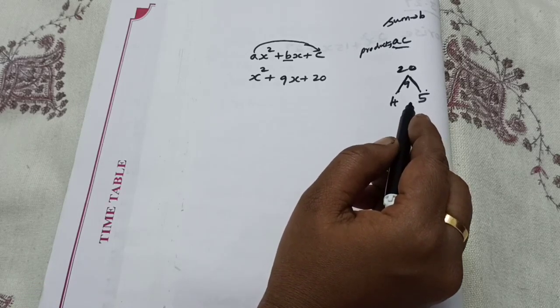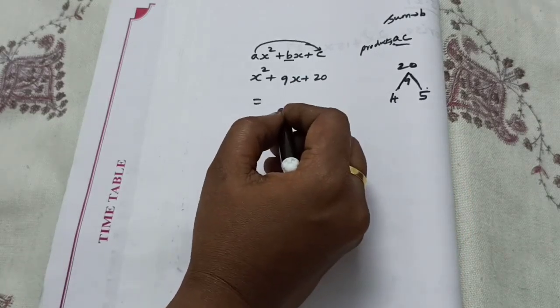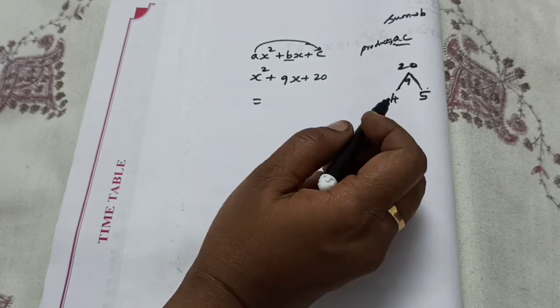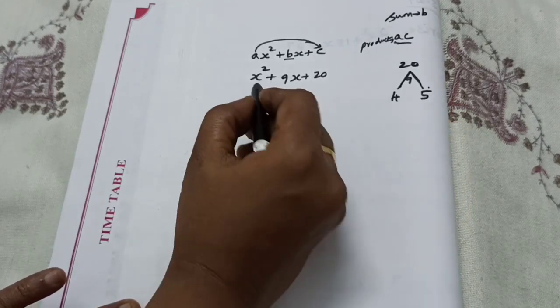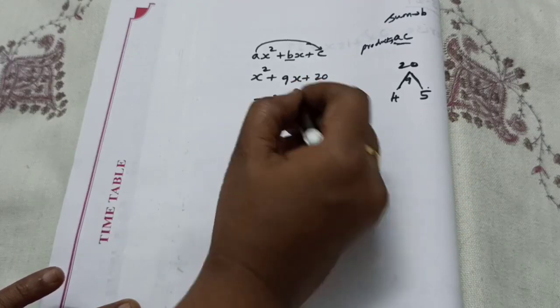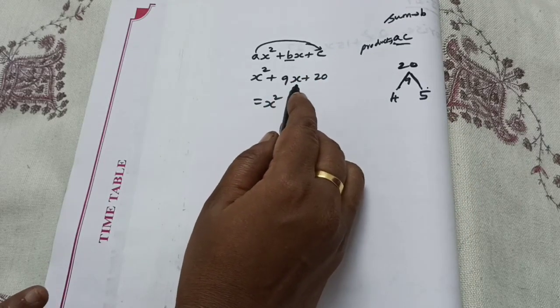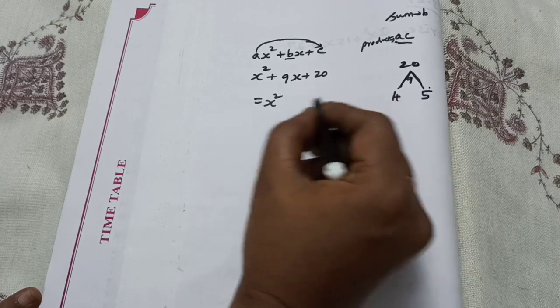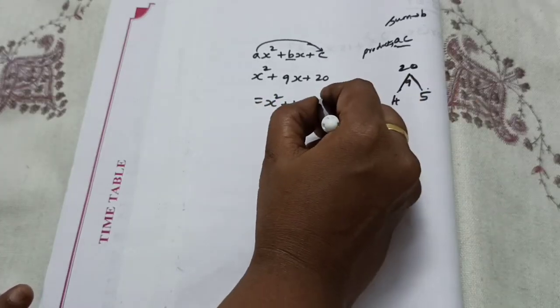Then we split the middle term as 4x and 5x. Am I correct? This x square we write like that, x square. Then I have to split this 9x, the middle term, as 4x and 5x.